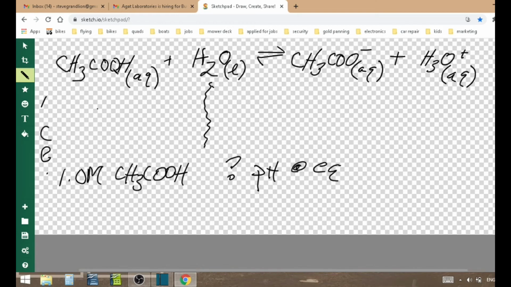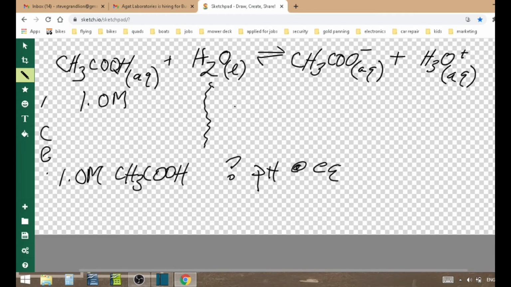Well, we have some information here. We're told that it's a 1 molar solution. So that's our starting concentration. That's our initial. So we're going to say that the acetic acid is 1.0 molar. What this means is that if you were given a liter of water and you added 1 mole of acetic acid to it, you would have a 1.0 molar solution.